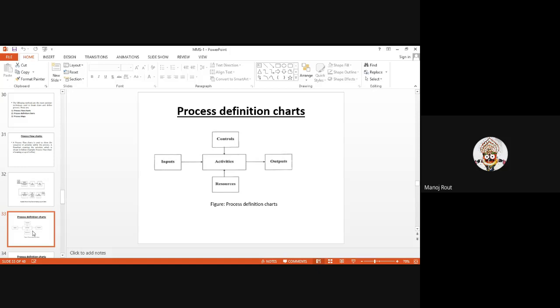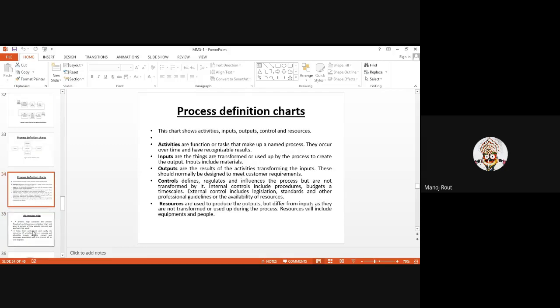And what are the activities? Collection of milk and sugar, then pouring, then stirring, then again pouring the final coffee into the cup. And what is the output? A cup of coffee is the output. So this is a small, simple definition. You can say that is the process definition chart.